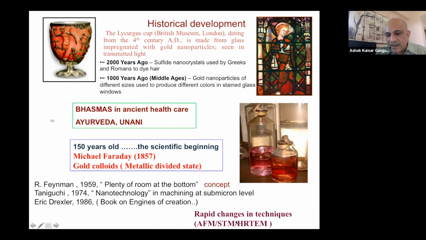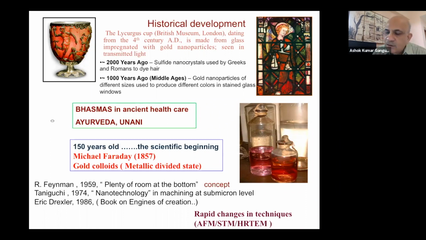And after that, the major breakthrough was the invention of AFM and STM. In 1986, atomic force microscopy, and first scanning tunneling microscopy, was invented by two people at ETH Zurich in Switzerland, and they got the Nobel Prize along with Ernst Ruska, who invented the transmission electron microscope long back.